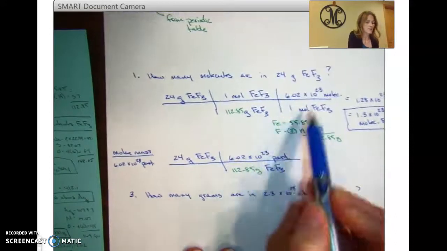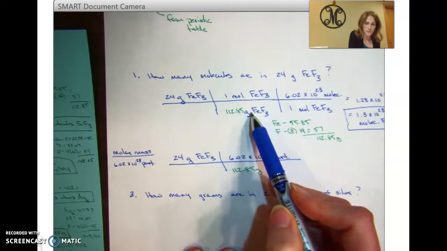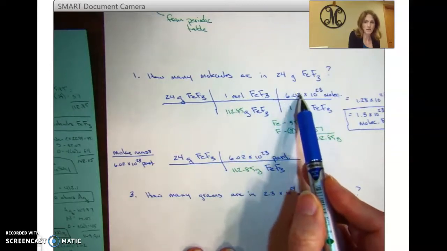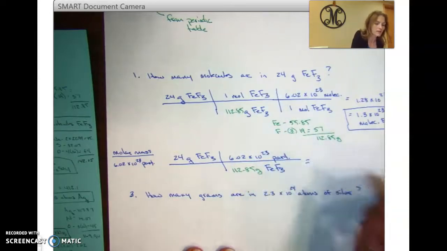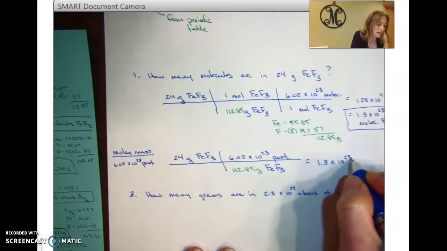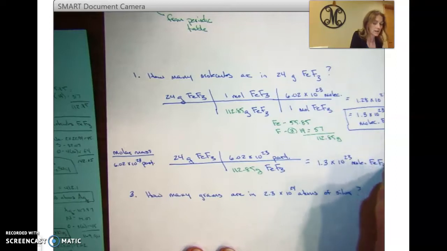I just condensed this step. Instead of having 1 mole is the molar mass, and then 1 mole here is the number of particles, I put it together in one step. If you want to do that, you can. You will end up with the same answer. I have no problem with that.